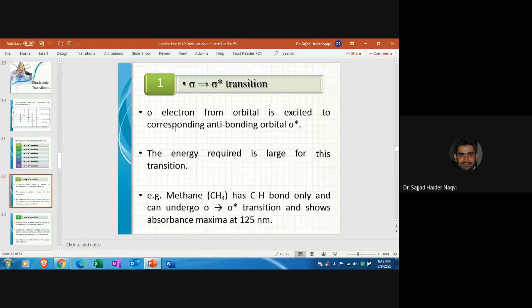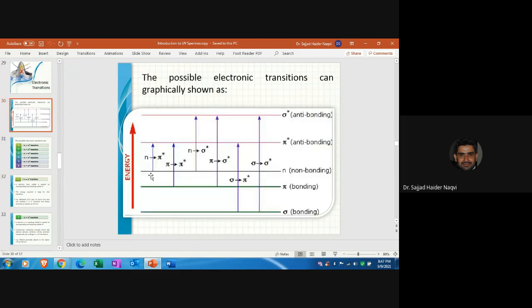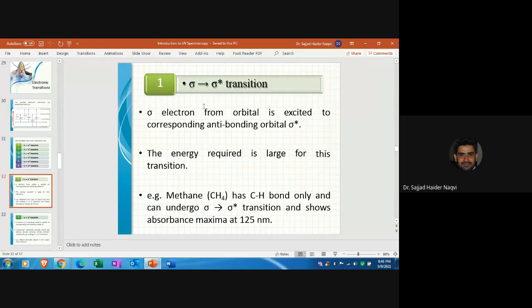As I said, that sigma electrons, if you go back to this picture, you can see that the sigma bonding electrons are at the least energy level. And as I repeatedly said, they are the ones which are the most stable. So the sigma electrons from the orbitals are excited when they absorb energy.